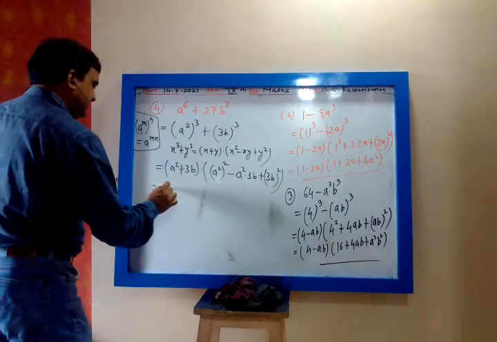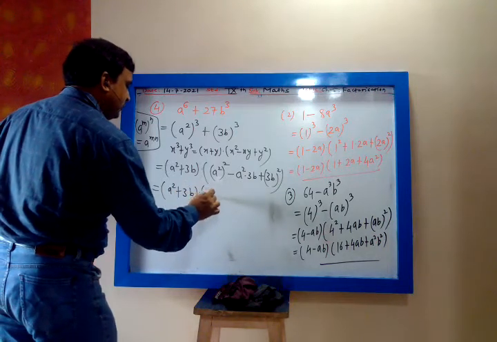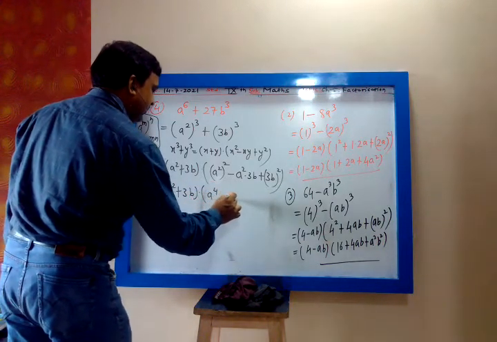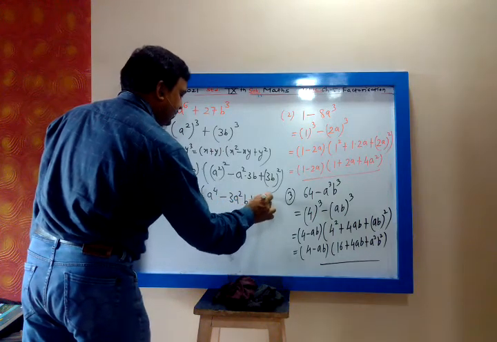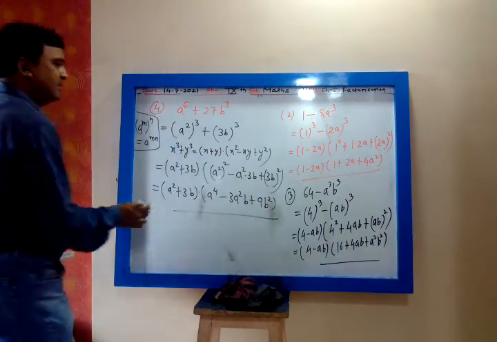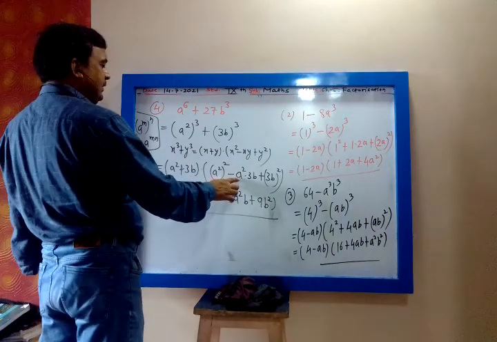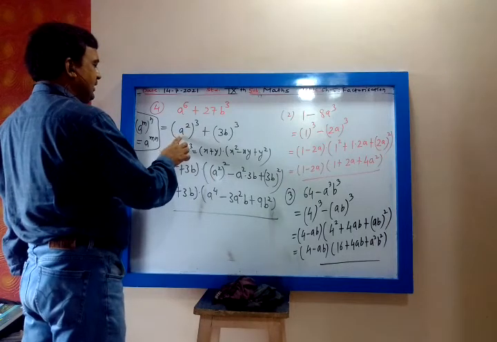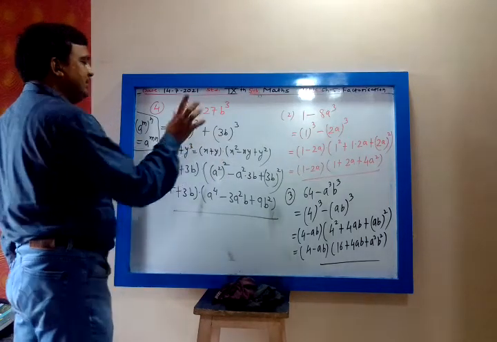So that is a square plus 3b into a raised to 4 minus 3a square b plus 9b square, and this is the answer. The middle term is xy, where x is a square and y is 3b.